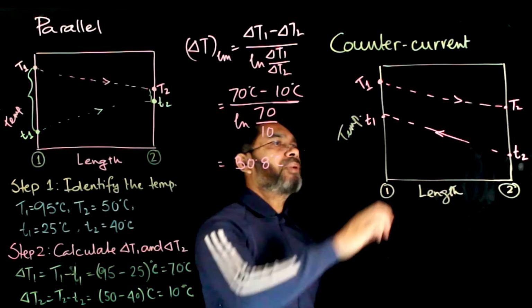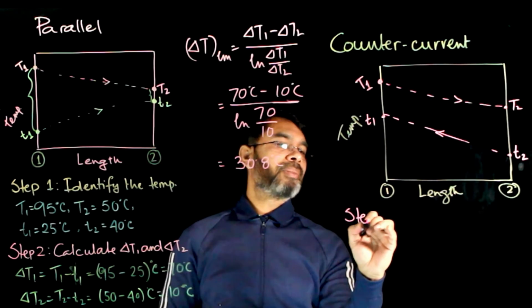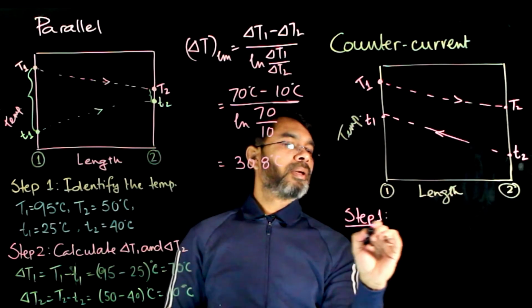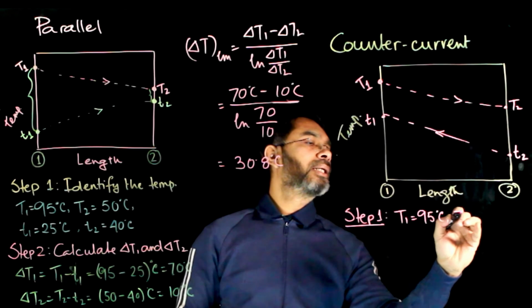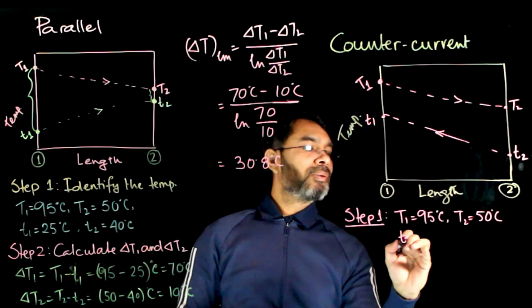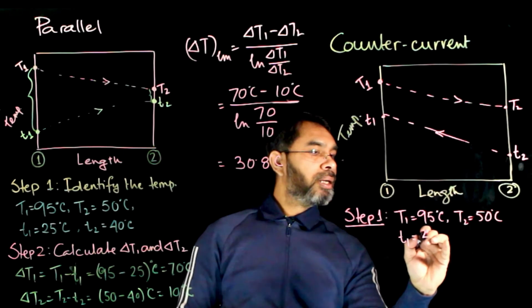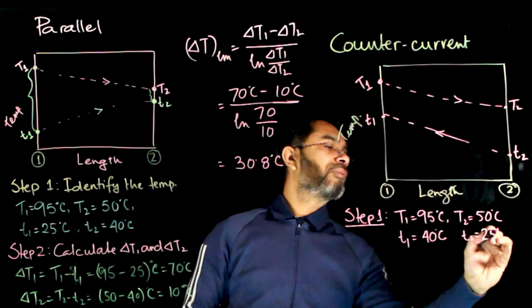We have defined these temperatures, so step 1 is just to define the temperatures. We have T1 equals 95 degrees centigrade, T2 equals 50 degrees centigrade. This remains the same. Now t1 equals 40 degrees centigrade and t2 equals 25 degrees centigrade.